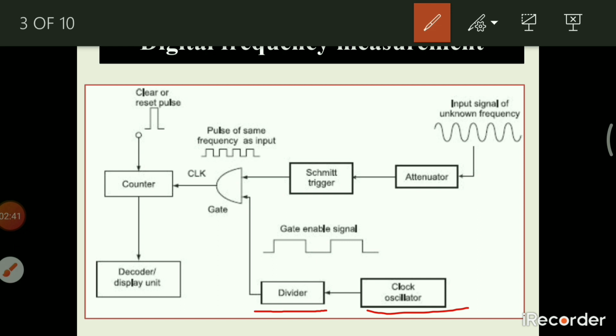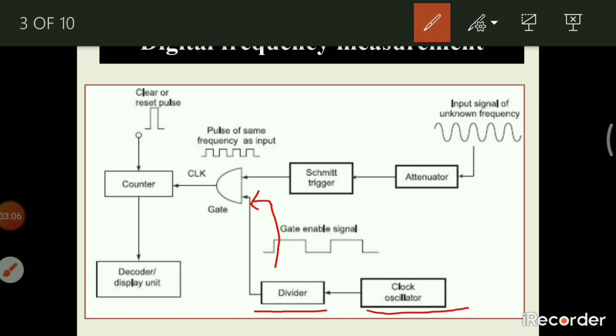By using the divider, we could set different ranges like 1 Hz, 10 Hz, 100 Hz, 1 kHz, 10 kHz and so on. After that, the pulse of 1 second is given to one terminal of an AND gate.